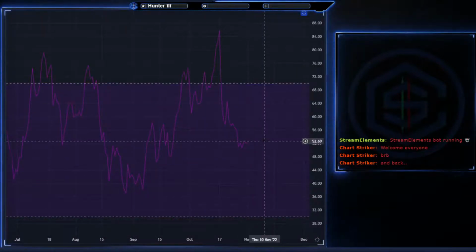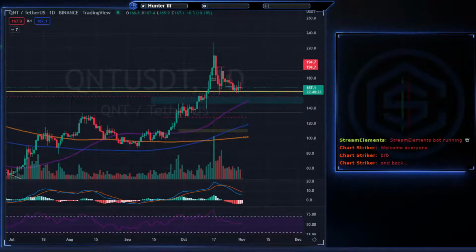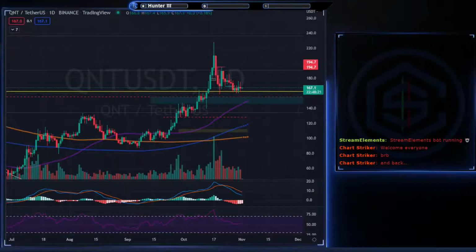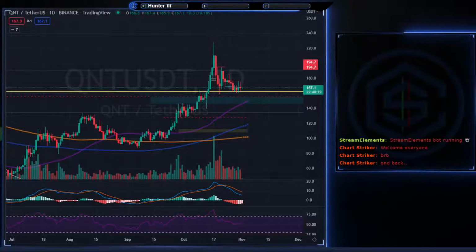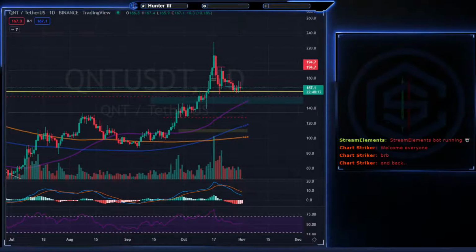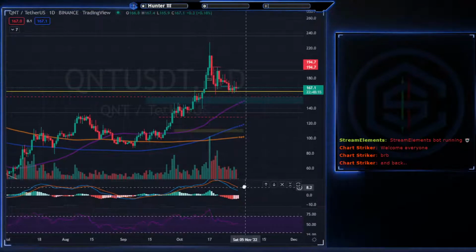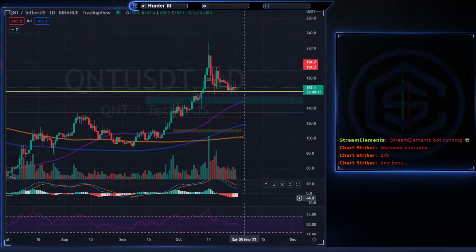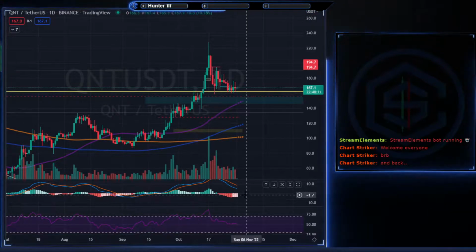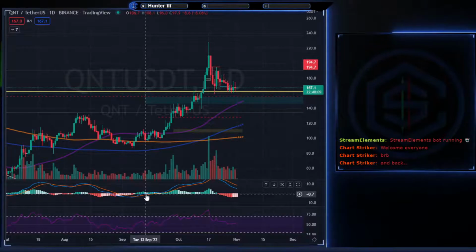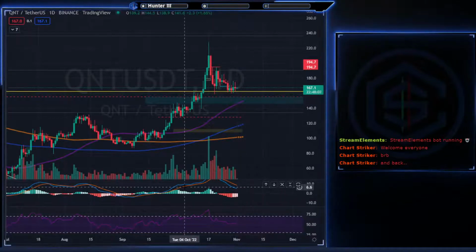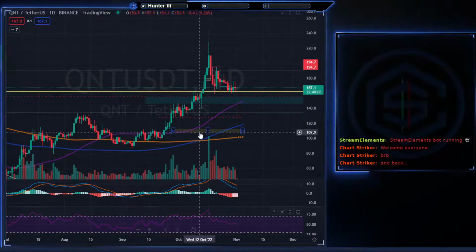RSI is back to neutral territories. Fine. But we do have bullish divergence in development right now, at least on the MACD. Not on the RSI, but on the MACD.